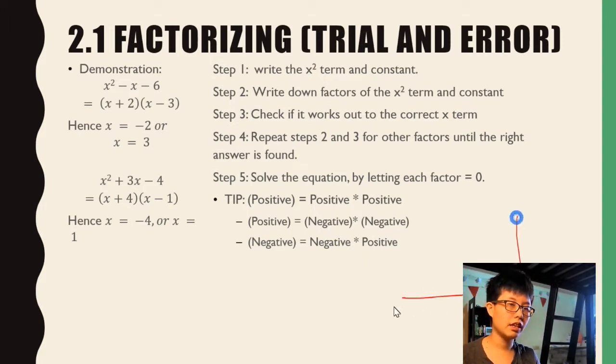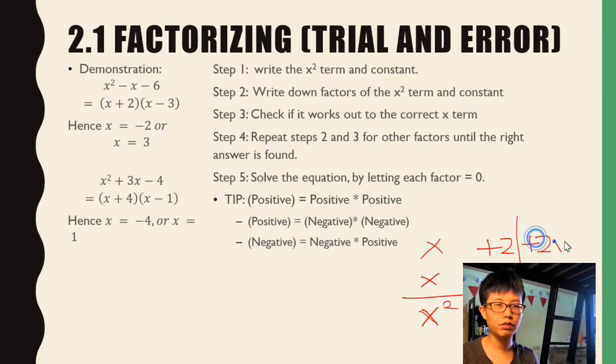Let's repeat this again. X squared minus x minus 6. So why don't we try minus 3 and positive 2 this time? If we multiply across, x multiplied by negative 3, we get negative 3x, x multiplied by positive 2, we get positive 2x. So when you add this up, you get negative x, which is the same as what we wanted in the first place.